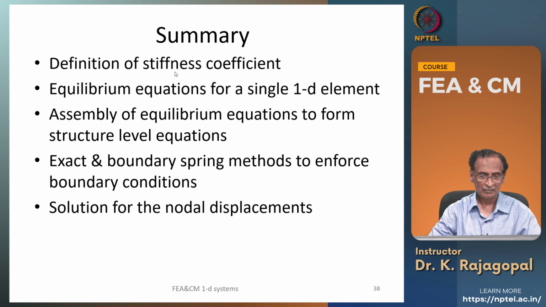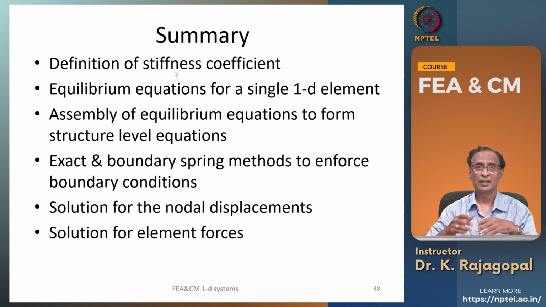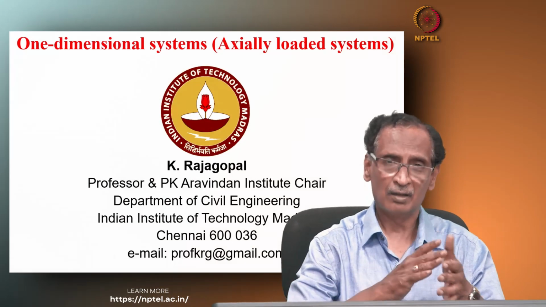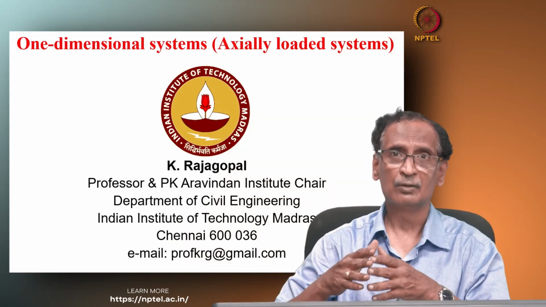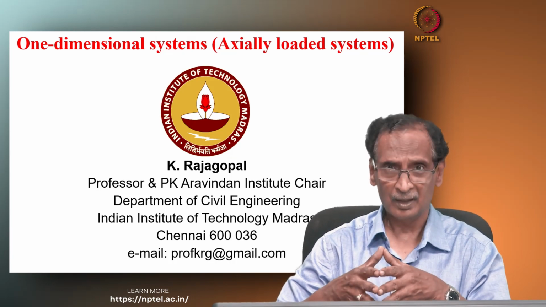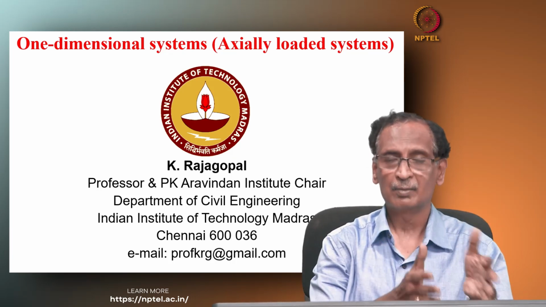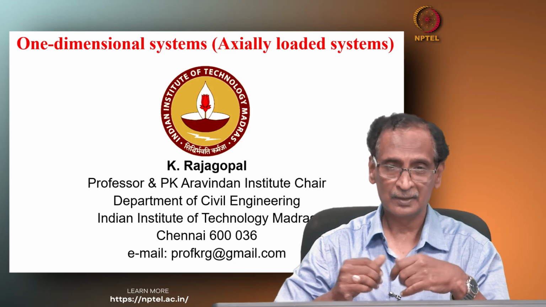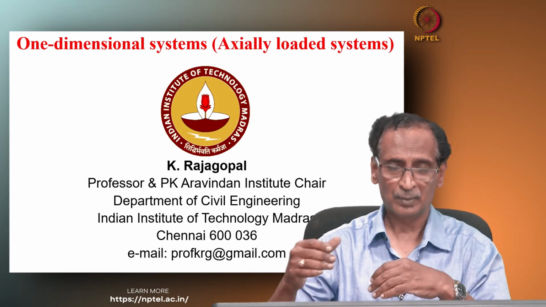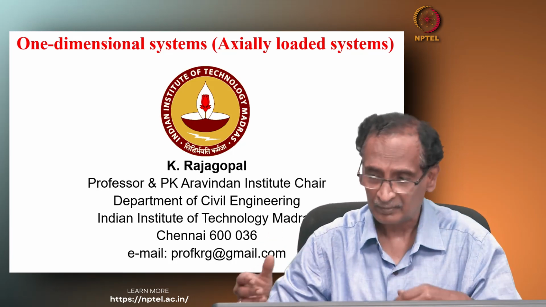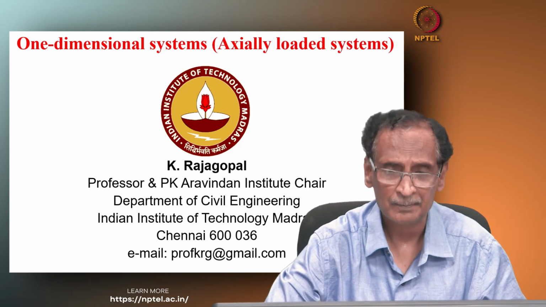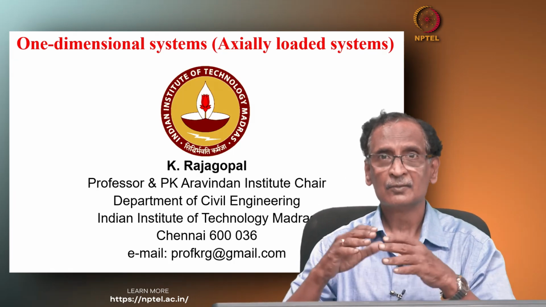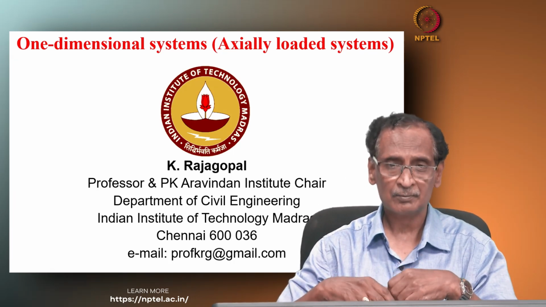Okay. Then we got the solution for nodal displacements and then the element forces. Okay. So actually we have seen all the steps that we will undergo in any finite element analysis. We get the displacements and then we get the forces. Okay. So this we will apply for larger systems in the subsequent lectures, so that we understand the concepts.